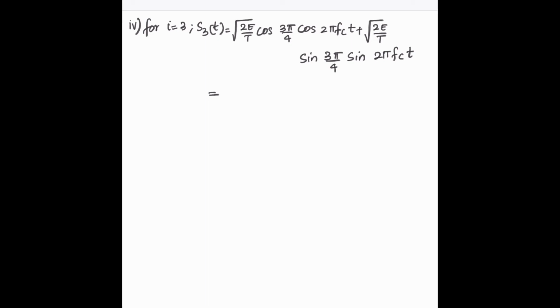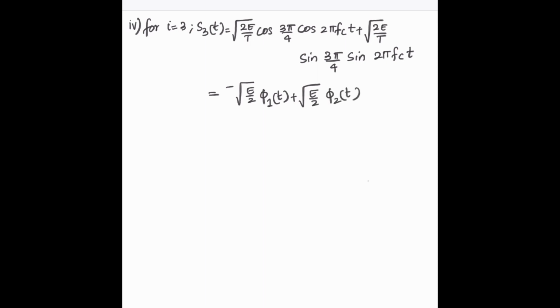Cos of 3 pi by 4 is minus 1 by root 2, so this will be minus root of E by 2 into phi1 of t plus root of E by 2 into phi2 of t.